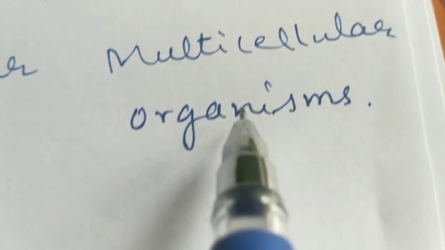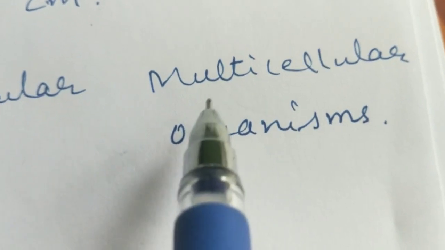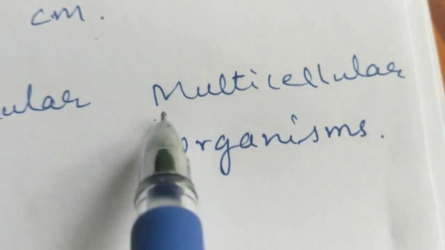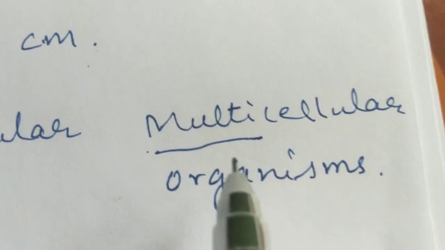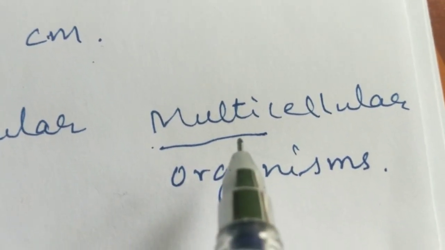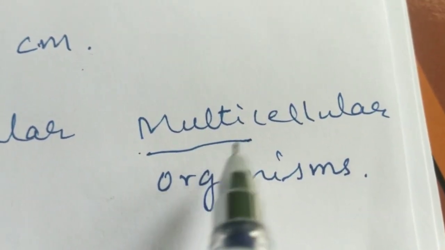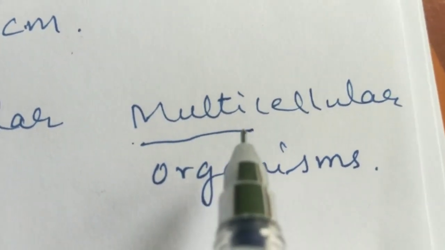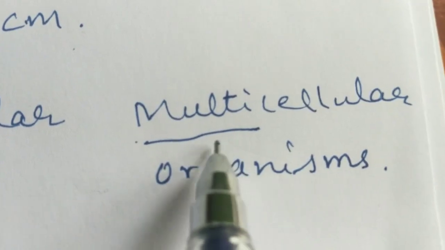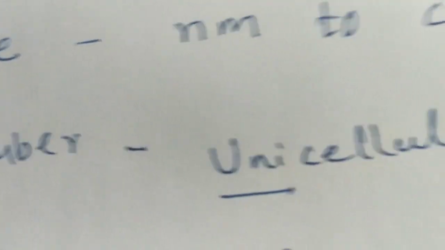Whereas, the organisms in which we find more than one cell, many cells, multi means many, are multicellular organisms, containing many cells in their body. So, we find multicellular organisms have different types of cells for performing various functions. We find division of labor in the multicellular organisms. So, cells vary in their shape, size and number.